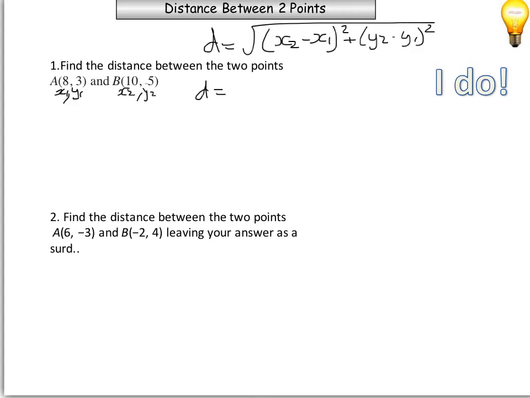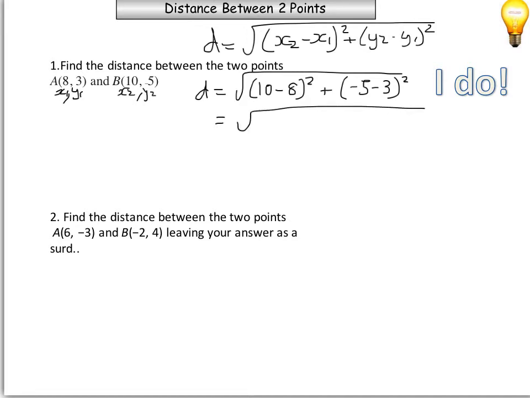We get D is equal to the square root. Now we've got x2, which is 10, and our x1, which is 8, plus our y2, which is minus 5, and we're going to take away 3 from that to get minus 3, all squared. So simplify that and we get the square root of 2 squared plus negative 8 squared.